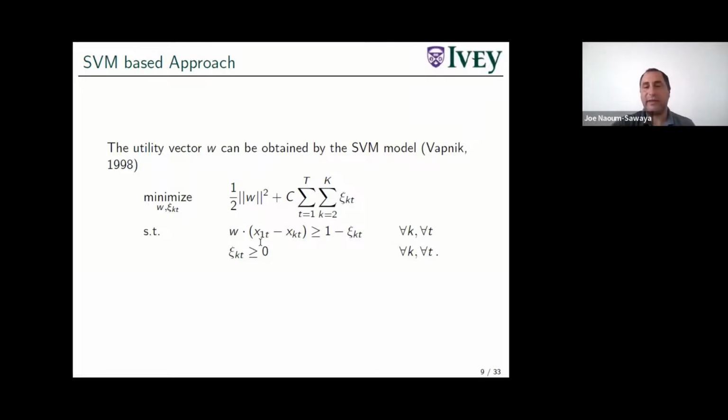So x1t minus xkt gives me the difference between two products. Let's just take as an example the camera, again, camera quality. Let's say I have a product that is strictly one feature, just the camera quality. One is 40 megapixel, the other one is 15 megapixel, okay? So I have a difference of 25 megapixels.